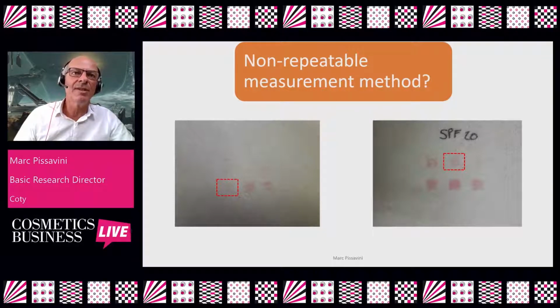So it's not so easy to read, and a mistake is quite easy to make. You have here an example of what we have to read. Of course, it's a photo, and in real life it's much better, but it is quite easy to make an error here.